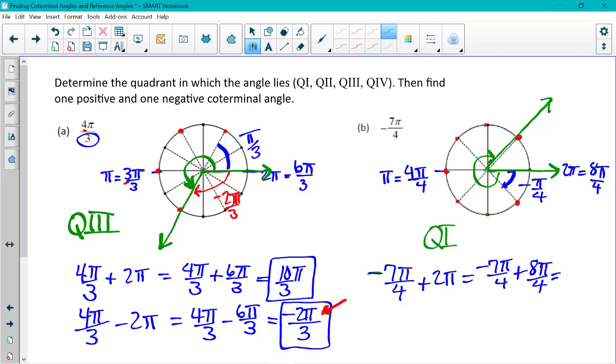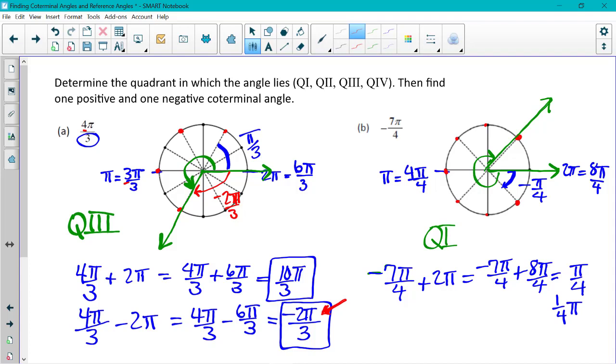So negative 7 fourths plus 8 fourths, or you could just say negative 7 plus 8 is 1 pi over 4, or 1/4 pi if you like that better.